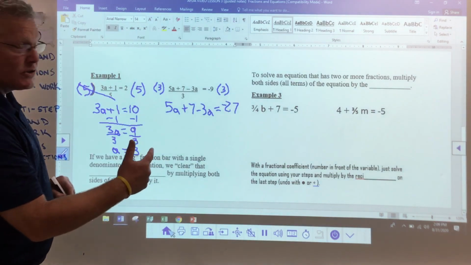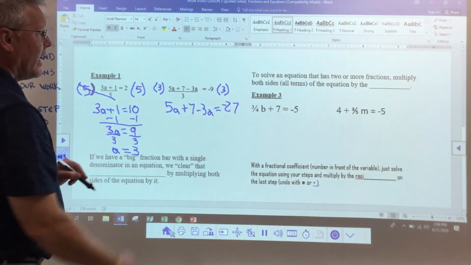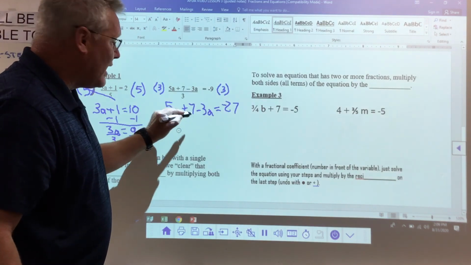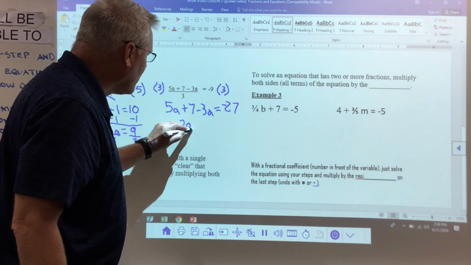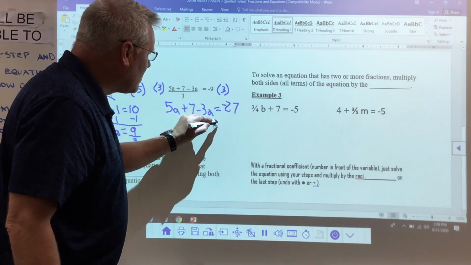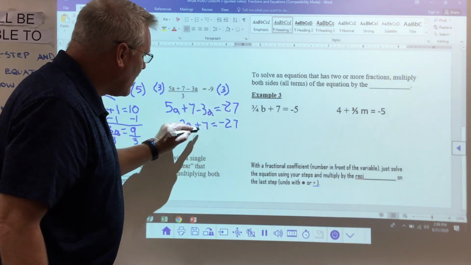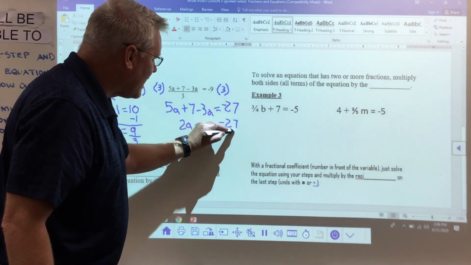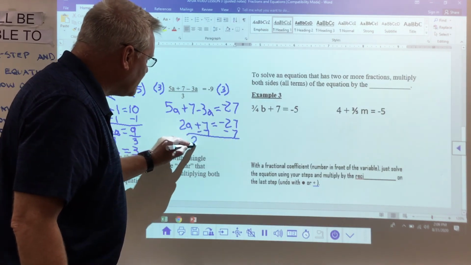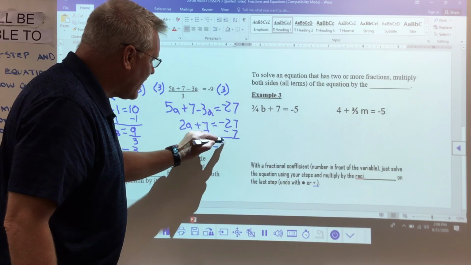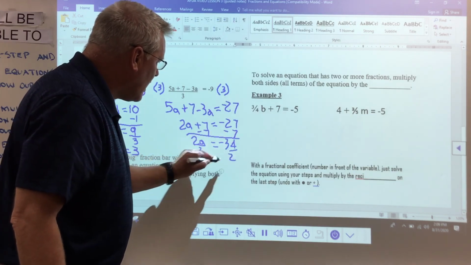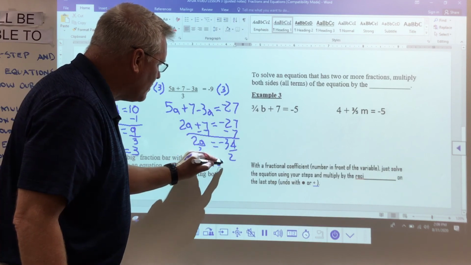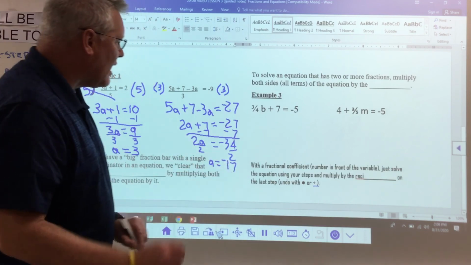Now, that's not a 2-stepper yet, but I know how to combine like terms from last lesson, so 5a minus 3a is 2a, plus 7 is equal to negative 27. I subtract 7 from both sides, and I get 2a is equal to negative 34. Divide by 2, and I have a is equal to negative 17, I believe.